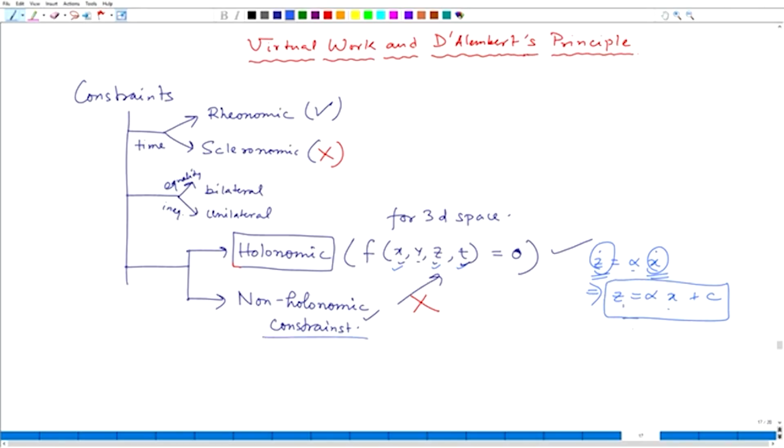On the other hand, if I say that x dot is equal to some alpha x y, then you cannot actually integrate very simply, and that is why this is a non-holonomic constraint. And also all these unilateral constraints are by definition or by construction non-holonomic constraints.